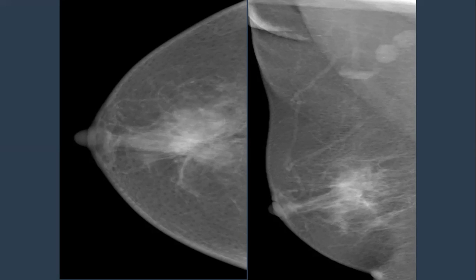Look at the skin thickening and the nipple here. Axillary lymphadenopathy, and the lymph nodes are relatively suspicious, lacking the hilum. This one demonstrates the hilum, while the others are lacking, and this even demonstrates minimal perinodal edema.